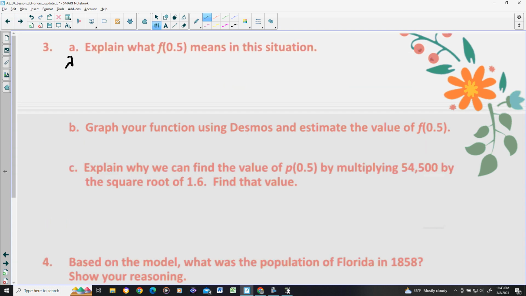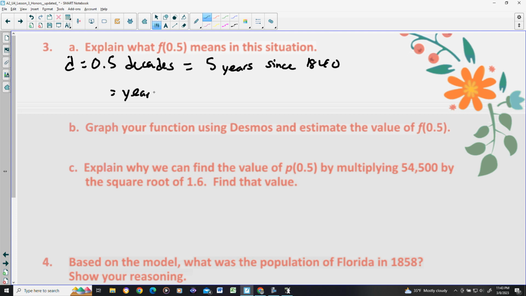So d equals 0.5 decades. Now, what's half of a decade? 5 years since 1840. That must mean it's the population in the year 1845.